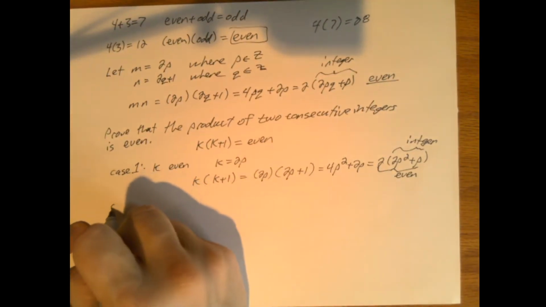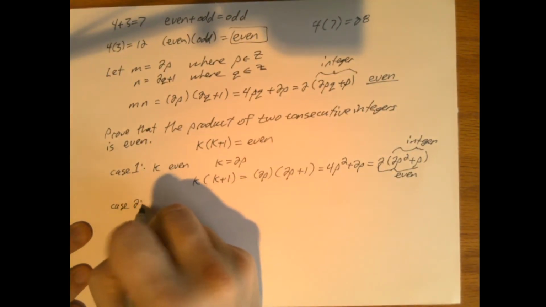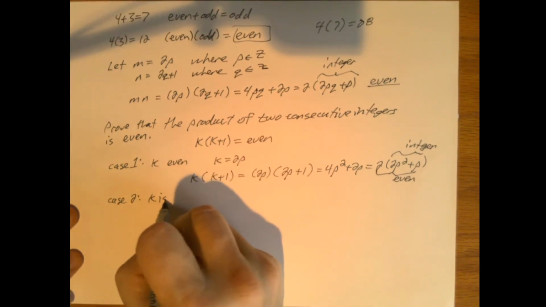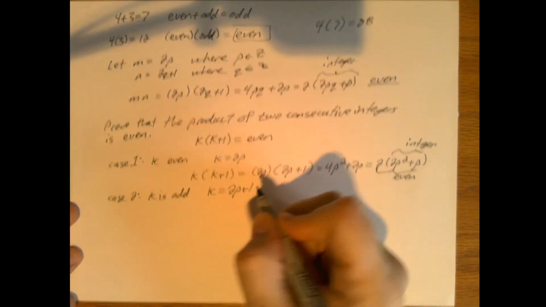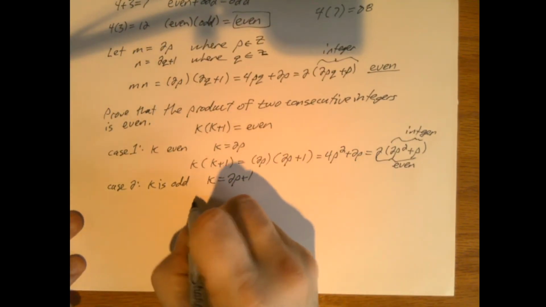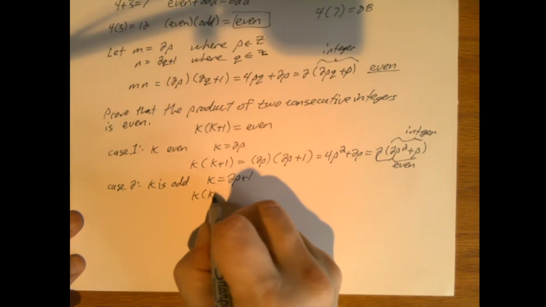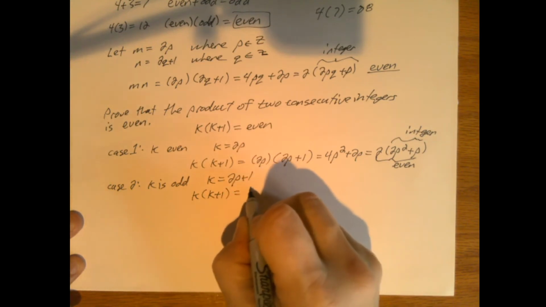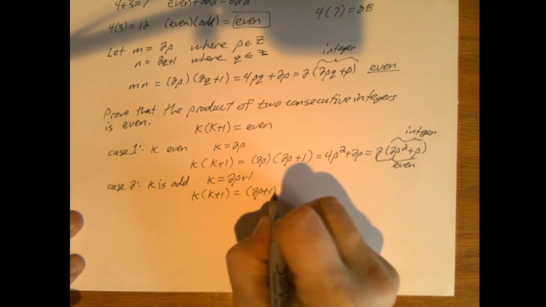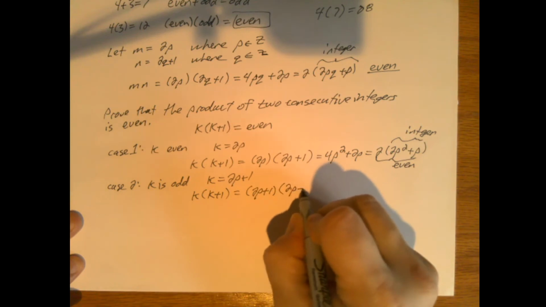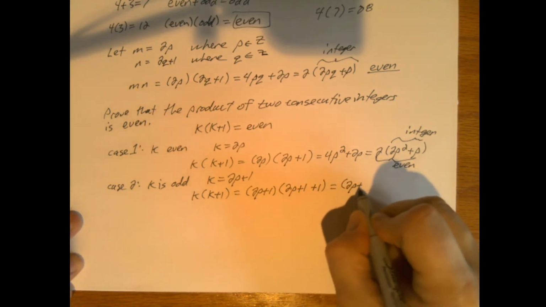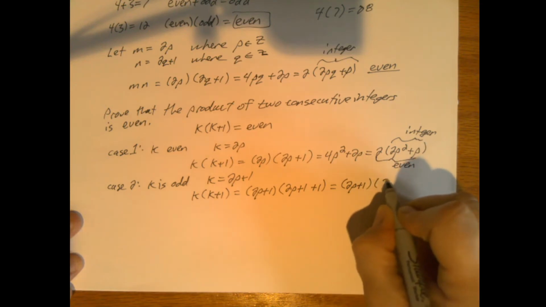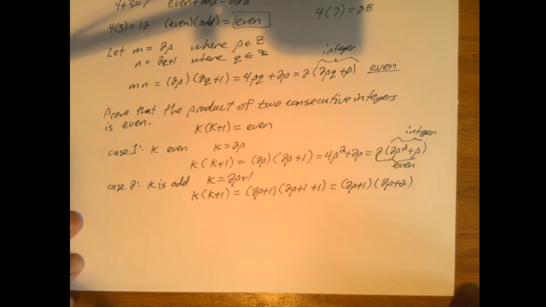And then the other case would be k is odd. So k is equal to 2p plus 1. And this becomes k times k plus 1 is equal to 2p plus 1 times 2p plus 1 plus 1, which is 2p plus 1 times 2p plus 2.